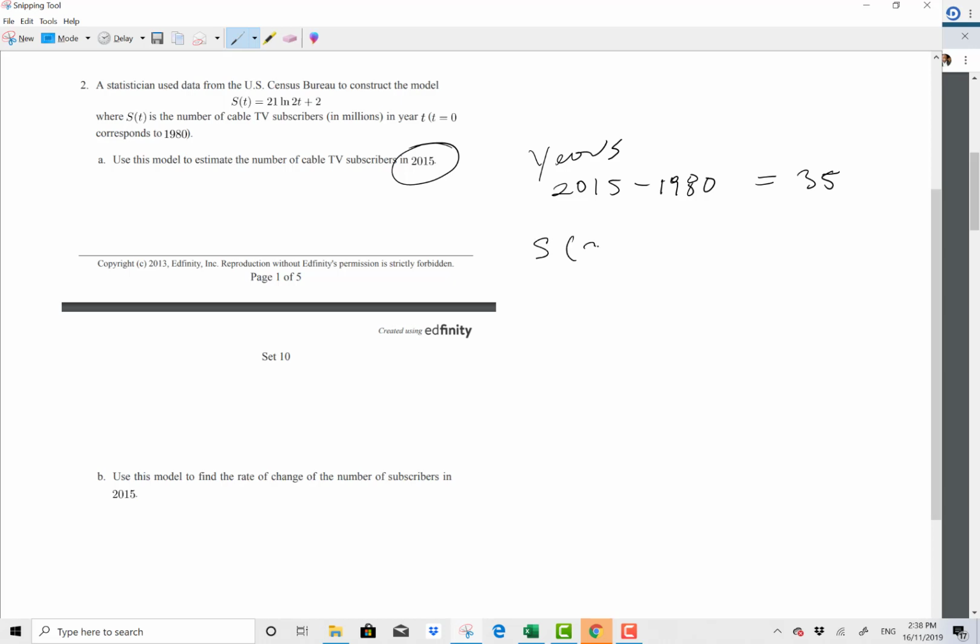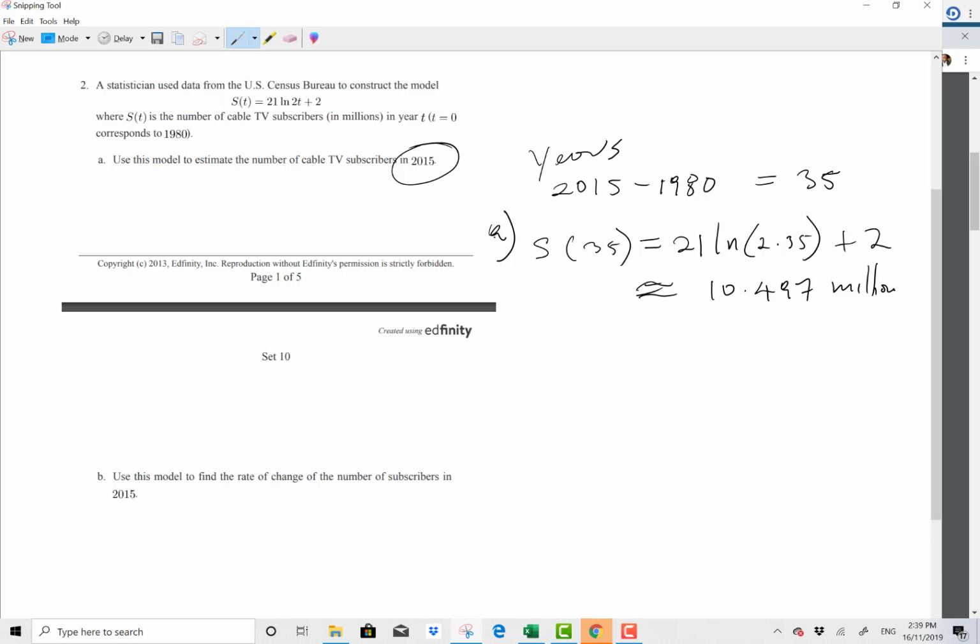So that's going to be S(35), which is given to be 21 ln(2 times 35 plus 2). So that will give me approximately 10.497 million. All right, so that's part A.